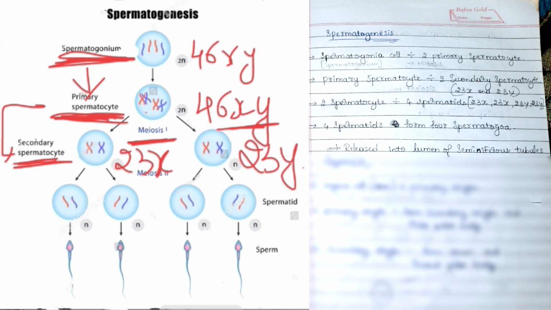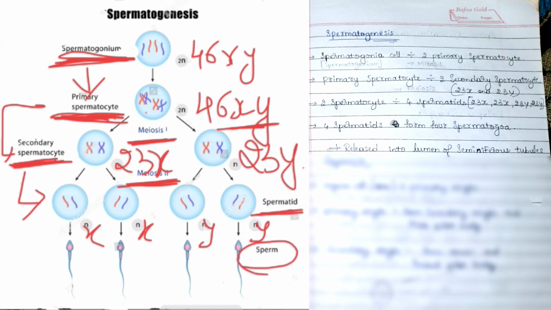And next, the third step is secondary spermatocytes are divided into spermatids, and here the division taking place is meiosis 2. Here each cell has 23X, 23X, 23Y and 23Y. This spermatid is further transformed into sperm.